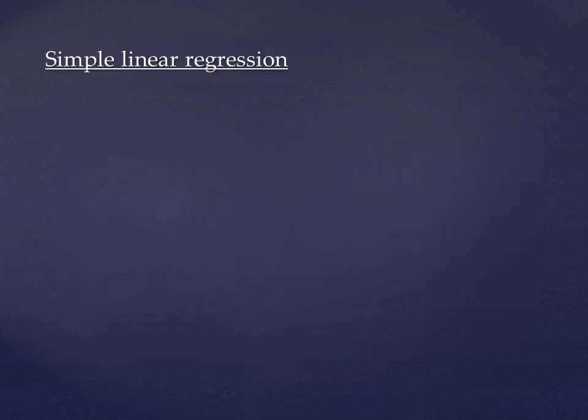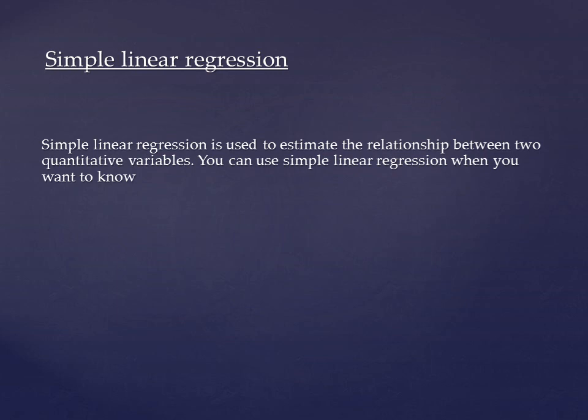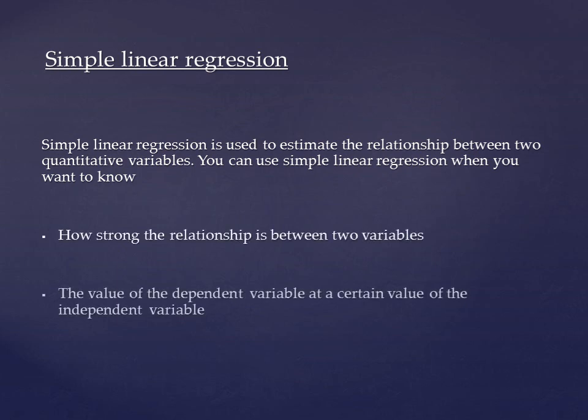Simple linear regression. A simple linear regression is used to estimate the relationship between two quantitative variables. You can use simple linear regression when you want to know how strong the relationship is between two variables, and the value of the dependent variable at a certain value of the independent variable.